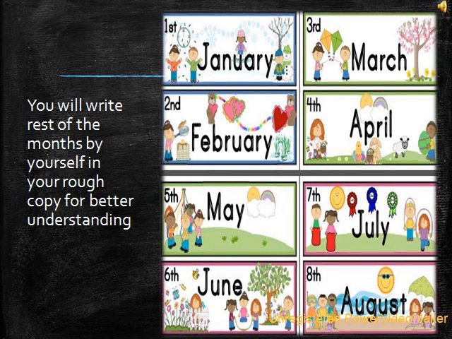The first month is January, second is February, third is March, fourth is April, fifth is May, sixth is June, seventh, our current month is July, eighth August, then so on. Ninth will be September. I took a halt so that you can recall it.